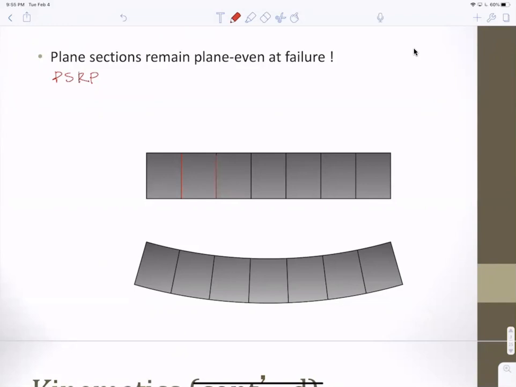So this was plane, and now the section is still plane. The plane section remained plane. I've drawn it for a relatively small deflection here, well, reasonably small. Plane sections remain plane even up to failure, so this is a good assumption.